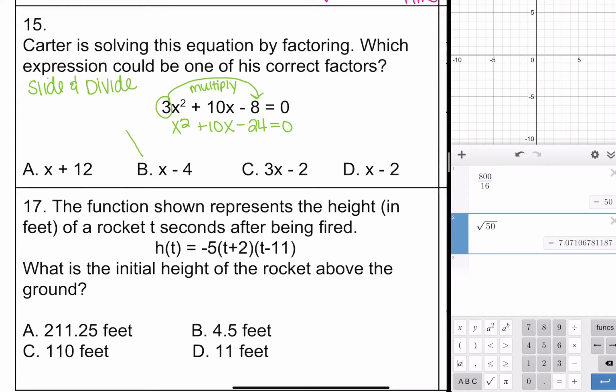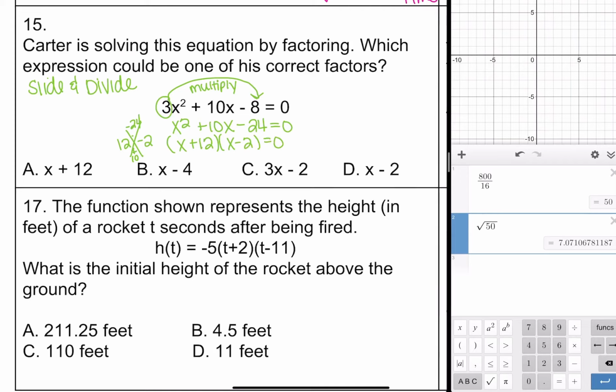So what are two numbers that multiply to be negative 24 and add to be 10? Well, I'm thinking 12 and 2. So 12 minus 2 is 10, and 12 times negative 2 is negative 24. So my factors are x plus 12 and x minus 2.